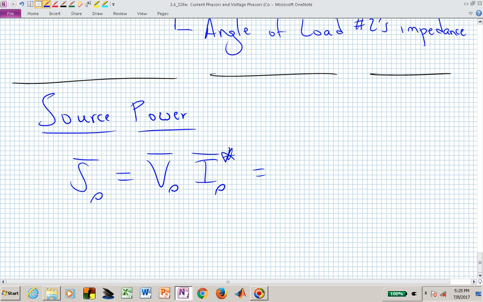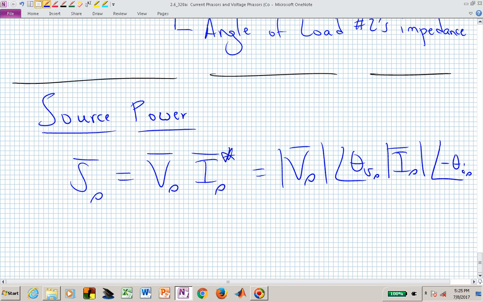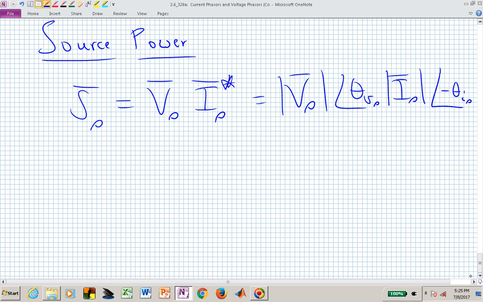But if we write this out, there's what we have. And we actually know what I sub s conjugate is. But let's keep going. Let's keep writing this out.